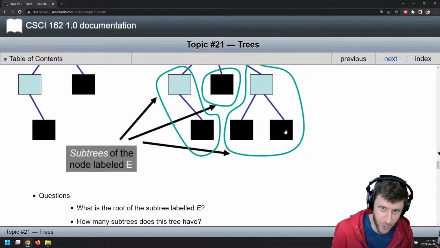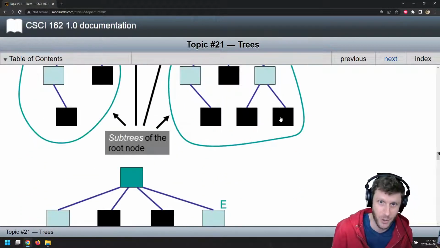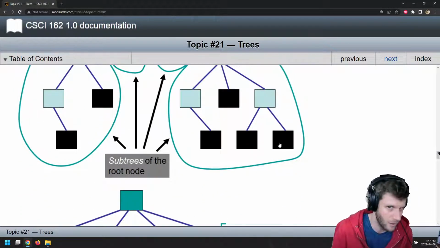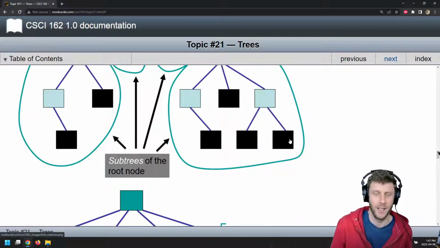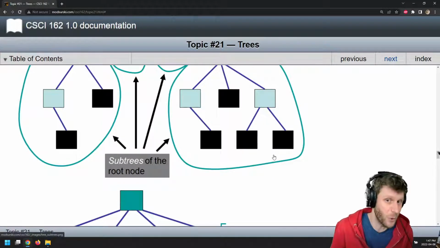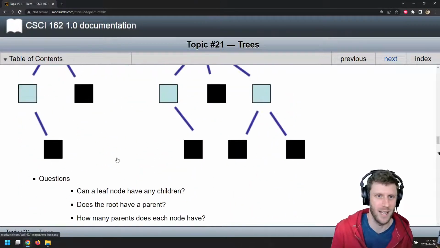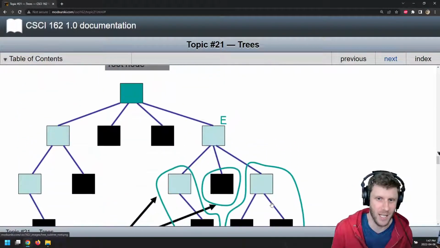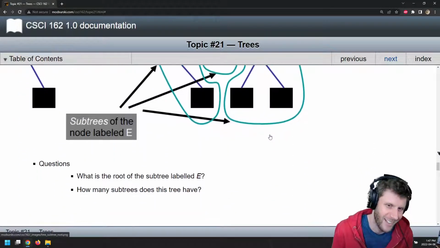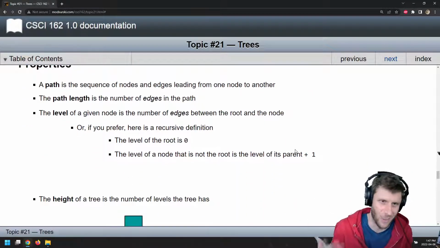So this far right subtree, the little black single node there, it has subtrees. It's just they're all empty. Which is weird, right? But it's true, because an empty tree is still a tree. But that's an edge case that we're talking about here.